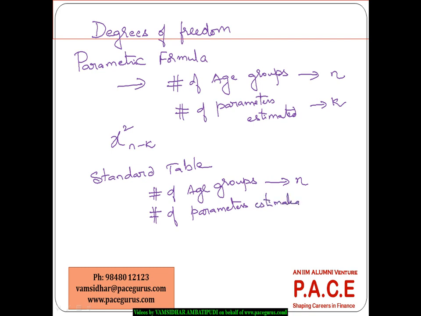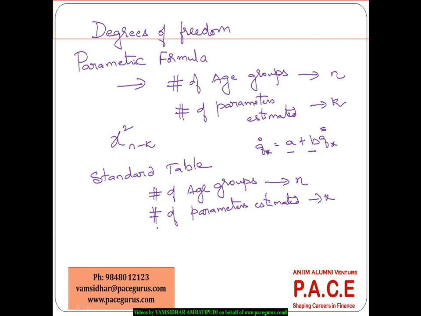If you remember, let's say I'm talking about the graduated rates qx. We said let them be something like a plus b qx with respect to a standard table. Here I have two parameters to be estimated. That is what I am calling k.